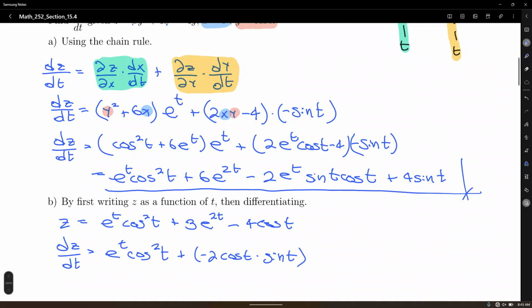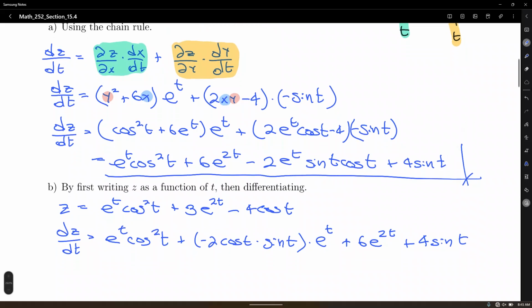So that is the derivative of the product, right? Oh, times the e to the t. Don't forget the e to the t, the u part, right? Again, this is u prime v plus v prime u, okay? Let's differentiate the second term, 3e to the 2t, that's plus 6e to the 2t. And lastly, plus, because the derivative of cosine is negative sine times the negative is positive, 4 sine t.